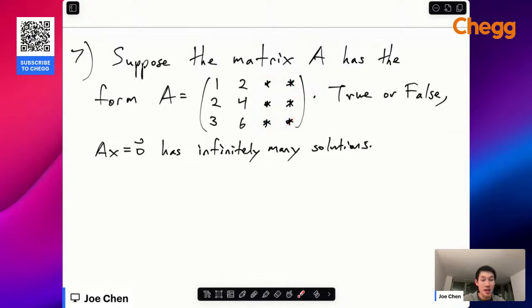So these stars mean any number. So true or false: Ax equals 0 has infinitely many solutions. I'll give you all a moment to think about it, and you can type in the chat if you think you know the answer, and I'll go over it in a little bit.